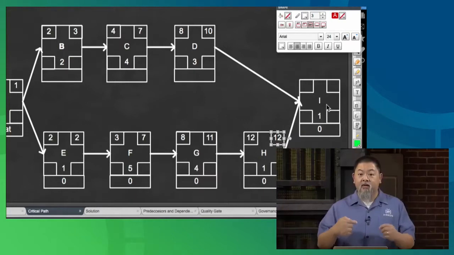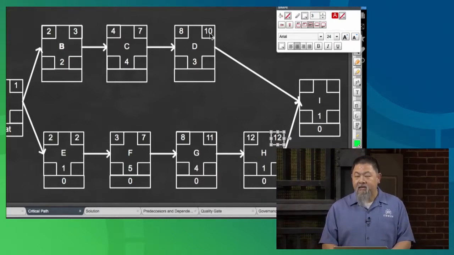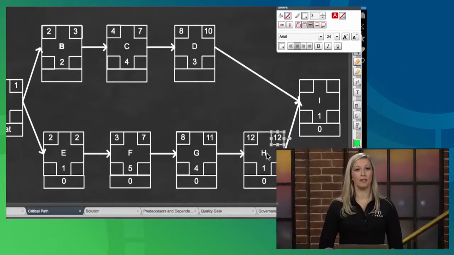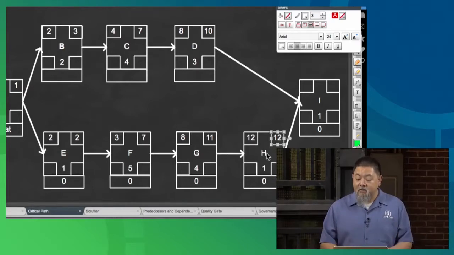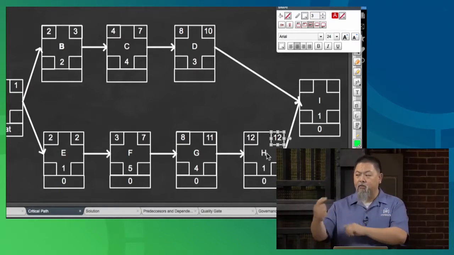If I start I on the 11th, what happens to H? You're going to be behind the ball, not ready for what you need for task I. So this is where both paths have an influence on one.